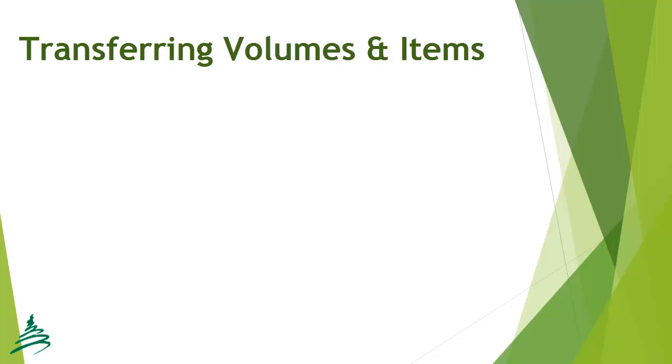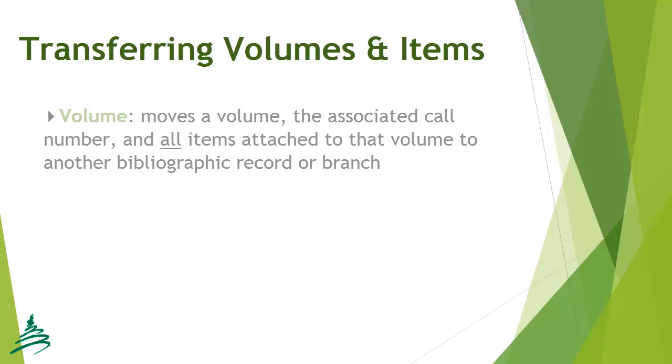There is a little bit of a difference between transferring a volume versus transferring an item. When you transfer the volume, you are taking the call number. The call number and volume can be used interchangeably in this sense, and you're taking the call number and all the items that have that particular call number at that particular location, and you're transferring the call number and all those items to a different record or location.